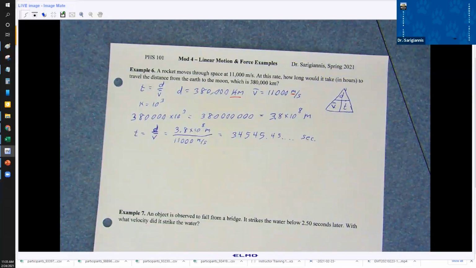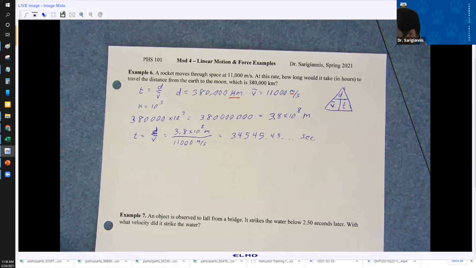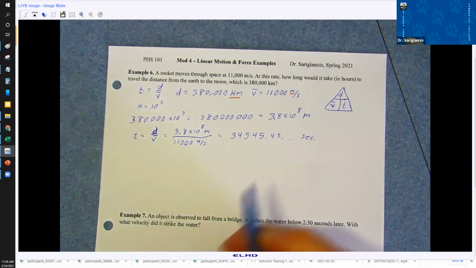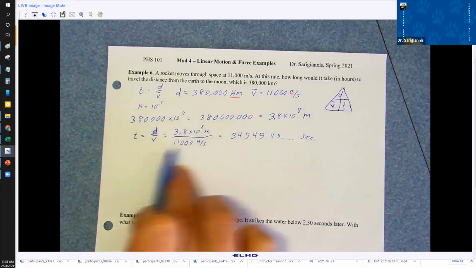Now, I want to know the time in hours. So let me just do a quick side calculation here because I want to make sure. Divided by 60. Divided by 60. Oh, it gives us pretty close to the same thing. What I'm going to do is not round my time yet.